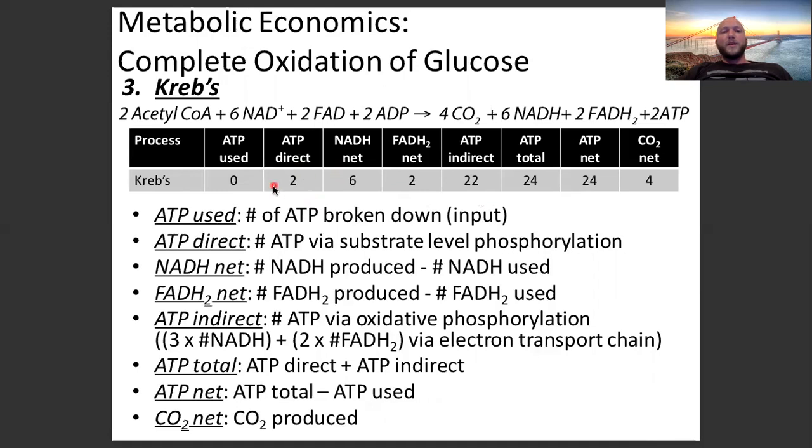Krebs cycle, we get 2 direct ATP. We get 1 ATP per spin of the Krebs cycle right then and there. We produce 6 NADHs for our 2 cycles. We produce 2 FADHs. 6 times 3 is 18. 2 times 2, because we get 2 ATP per FADH2, is 4. 18 plus 4, 22 indirect ATP, plus the 2 direct ATP that we get, 24 ATP total, 24 net.